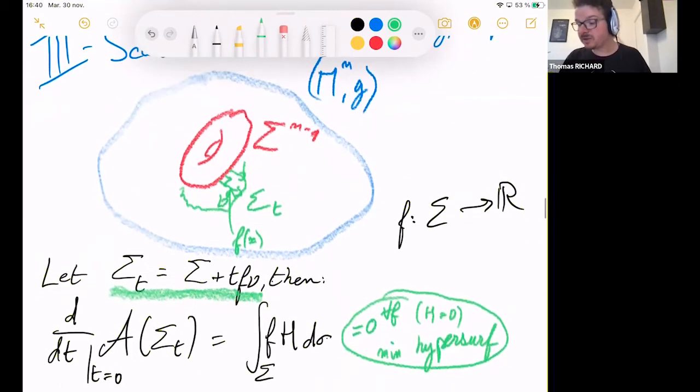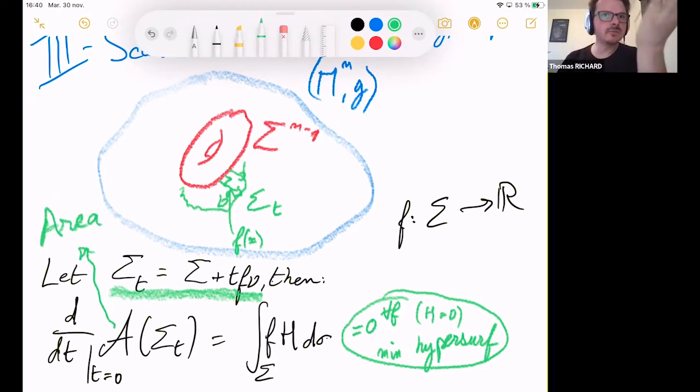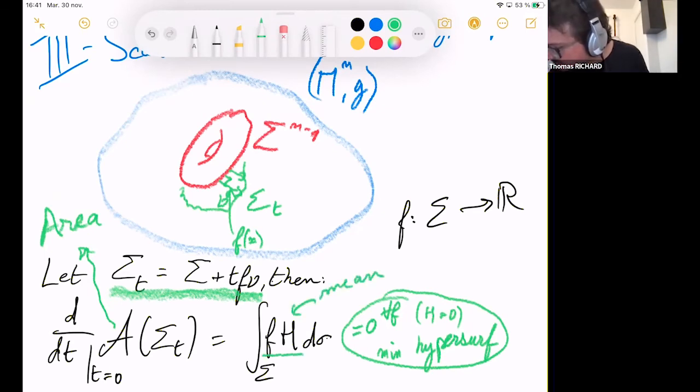And I can look at the area, or the n-1 dimensional volume. Let's call that the area. I can compute the area of this one parameter family of hypersurfaces, and I can take the time derivative of that at t equals 0. And I will get some kind of formula, where this is some kind of curvature, which is called the mean curvature.